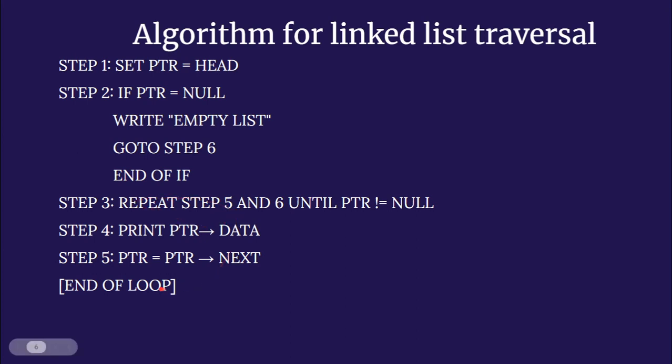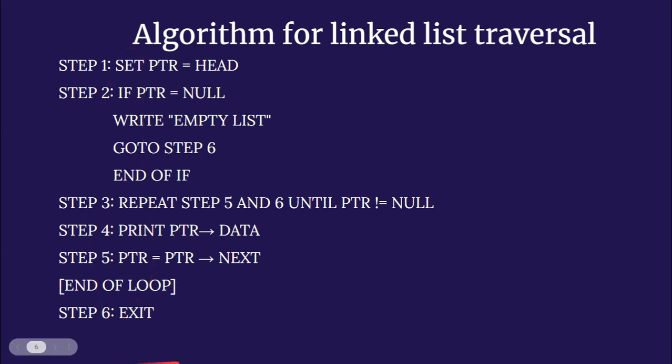So repeat these steps. That means do some work on the data and then move to the next data till the end of the data list is reached. Here, end of the loop means the steps 5 and 6 are repeated, and once the end is reached we have to exit the loop.